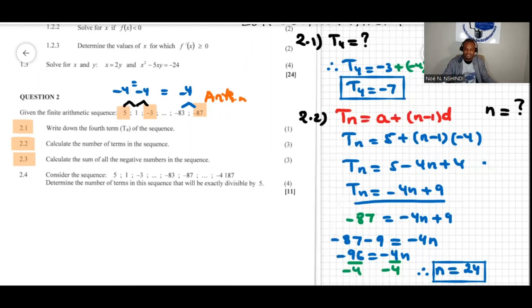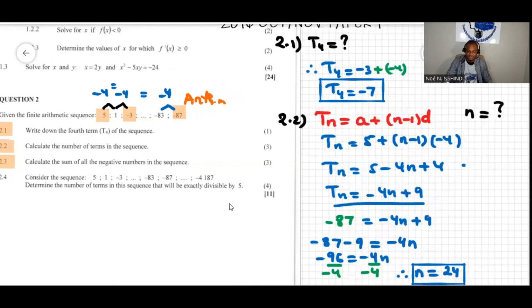Now we can see that the negative numbers are from -3 to -87. So the first two terms are not part of this calculation because they're positive, 5 and 1. In other words, we are only left with 22 terms. So we're going to do the sum of 22 terms starting from -3.